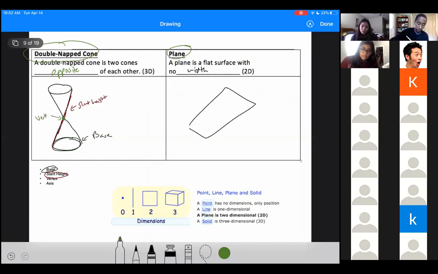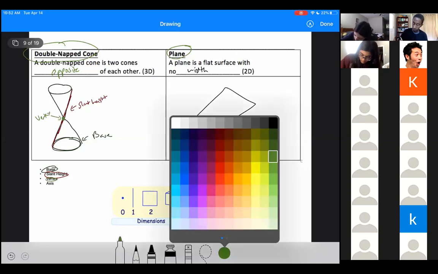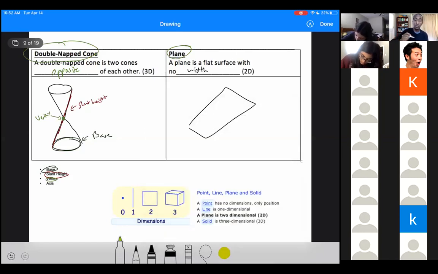That's the vertex. And then we have the axis of the double napped cone, which is in the middle. That's the pencil that the cone is being rotated around. That's the symmetry axis. Okay, there's just some vocabulary about the double napped cone.